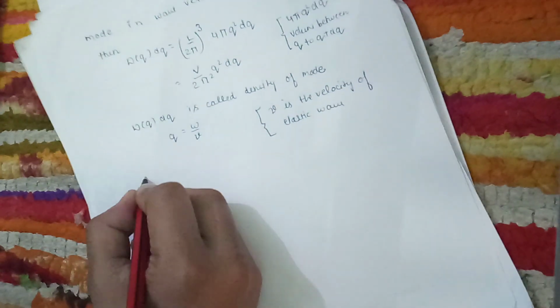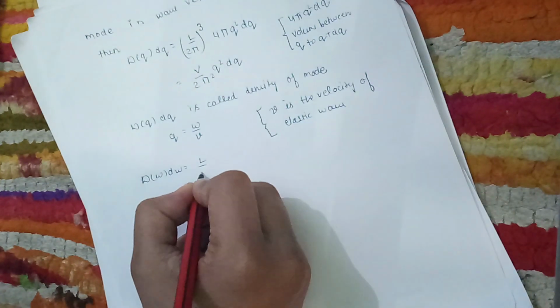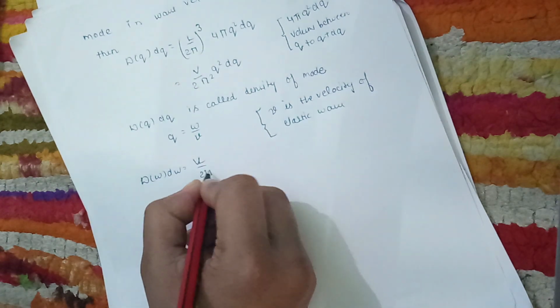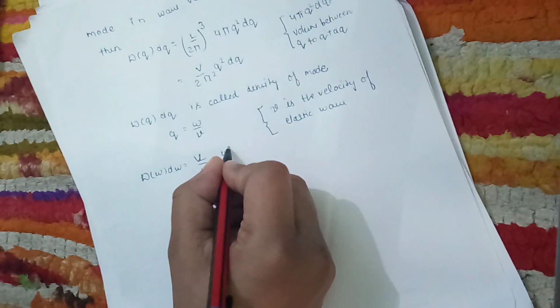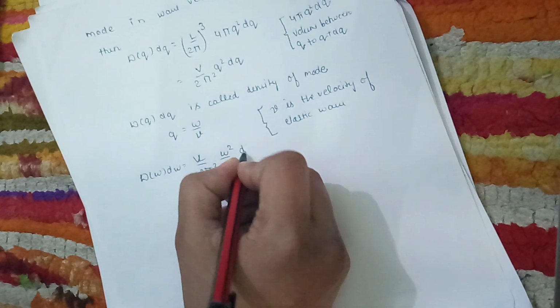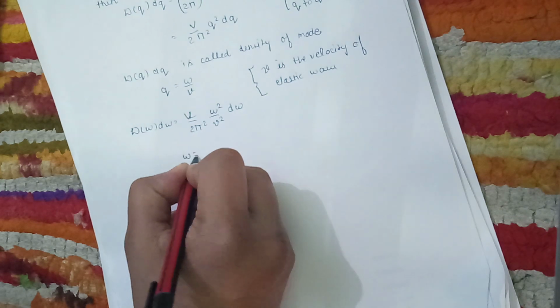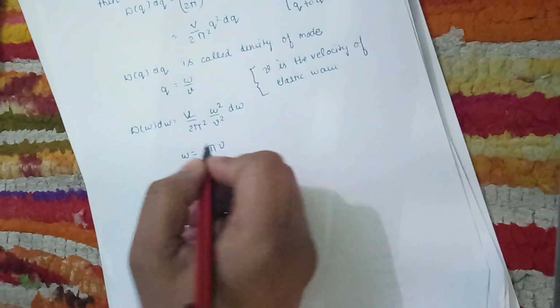Now we put, this will become g(omega) d omega is equal to V by 2 pi square times q square, that means omega square by v square, and dq will become d omega by v. Now we also know that omega is equal to 2 pi nu. This is frequency nu.